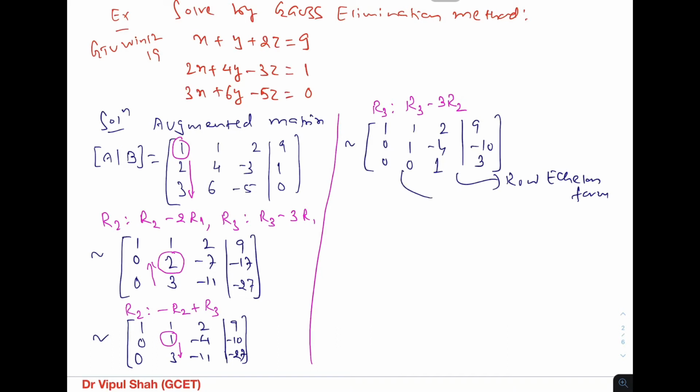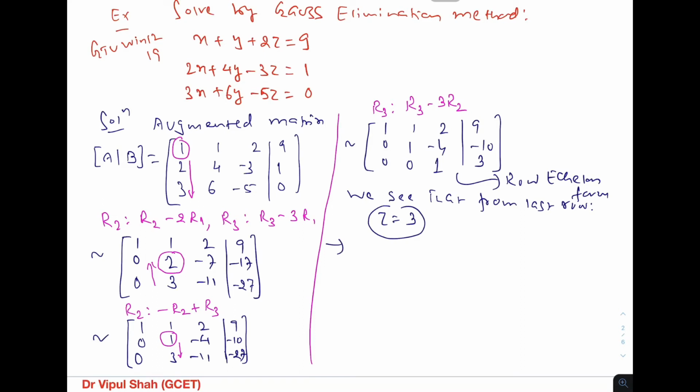Because you are having this in the form Ax equal to B, in that format. So z equal to 3.